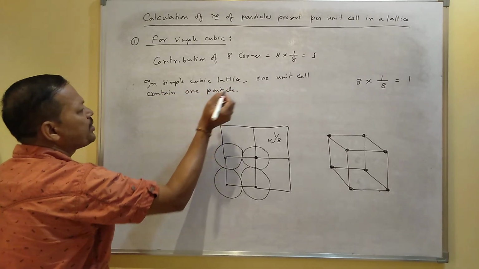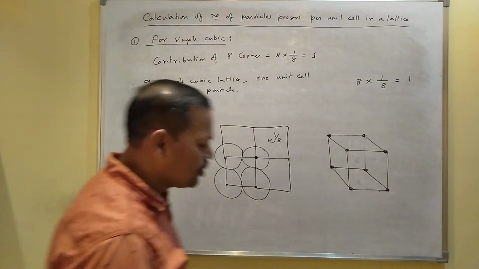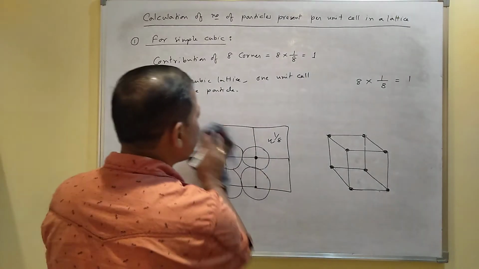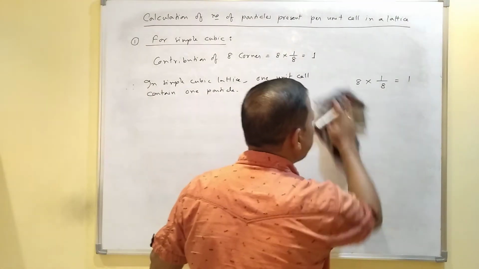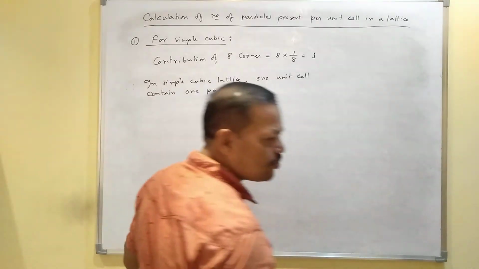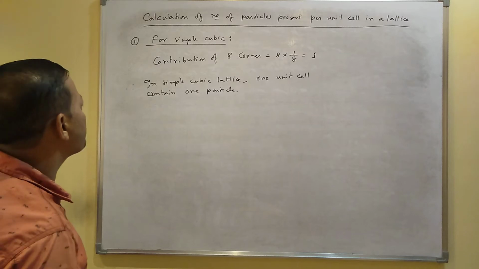I mean, the number of particles per unit cell in the case of a simple cubic lattice is only 1. So this is for simple cubic. A cube contains 8 corners. There may be 8 particles present in 8 corners, but one unit cell does not get the 8 particles. It will get only 1 particle from the corners.